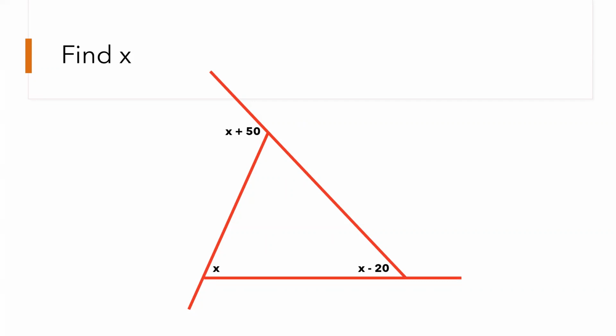Okay, so let's think about how to set this one up first. What does the exterior angles theorem say? You're probably going to have to talk through this one. What do we know about this angle, the x plus 50, versus the x and the x minus 20?